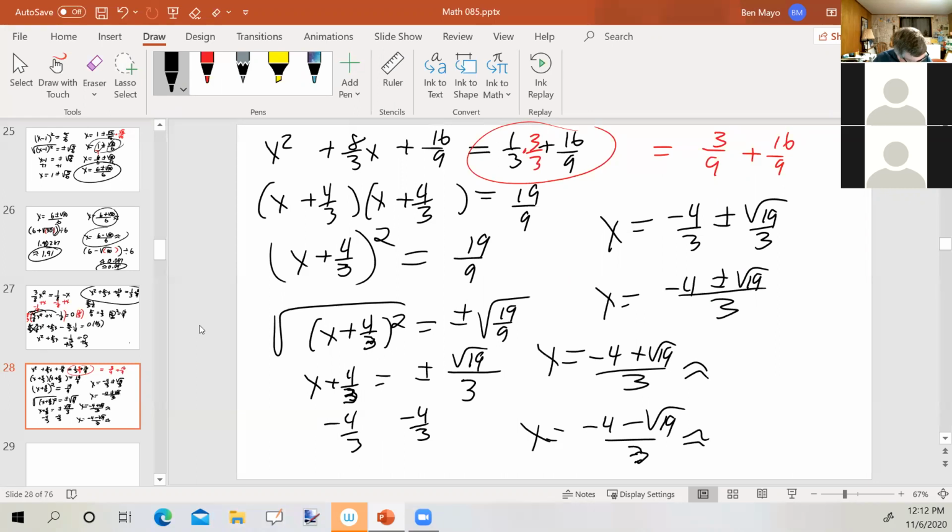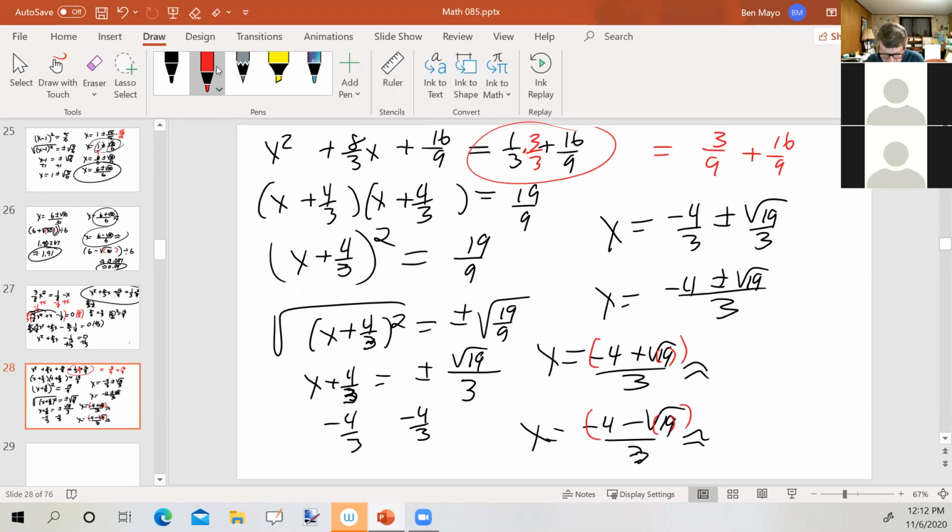And then getting a decimal approximation to 2 places. Again, you have to parenthesize the entire numerator as well as the radical. So you're going to have parentheses here and then there, here and then in there. So parentheses, negative 4 plus the square root of 19, close it up, close up the whole thing.